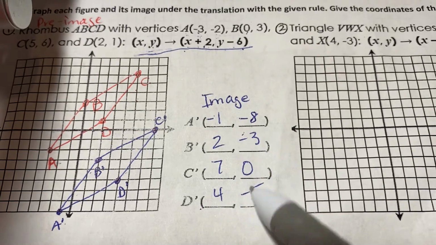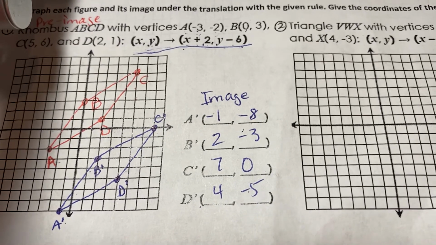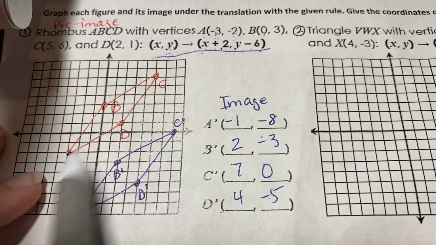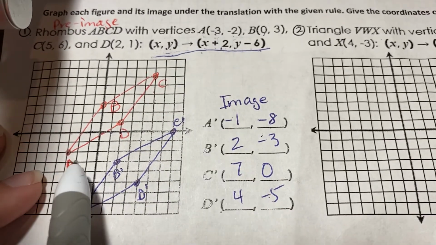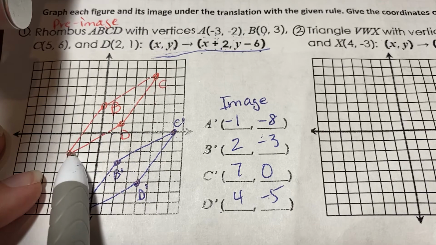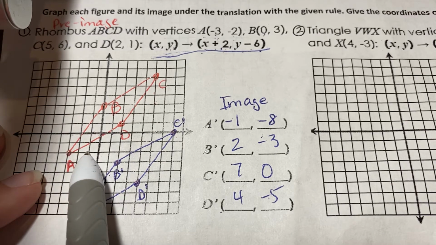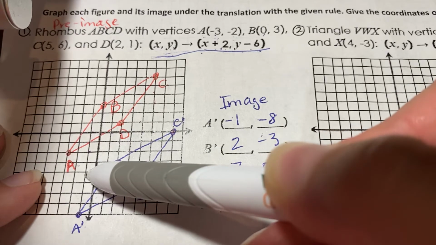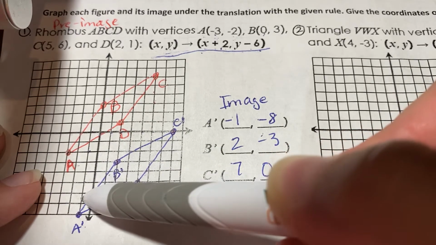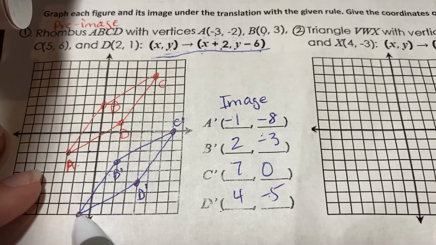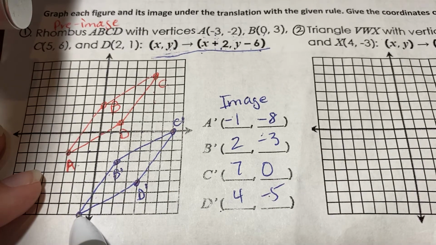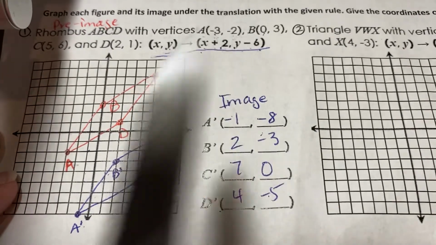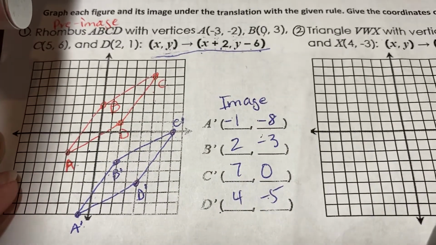I did that to every X and every Y. Another way you could do this, if I went to my first point A and I said +2, counted over 1, 2, -6, 1, 2, 3, 4, 5, 6. There is my new point. But there are times when you won't be able to graph it. So you've got to know how to do the function notation, okay?